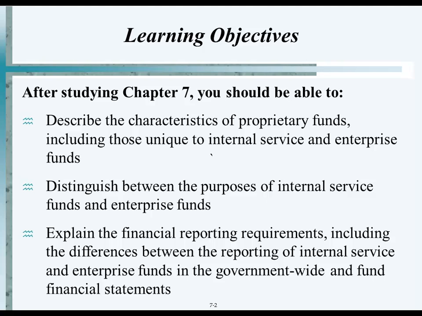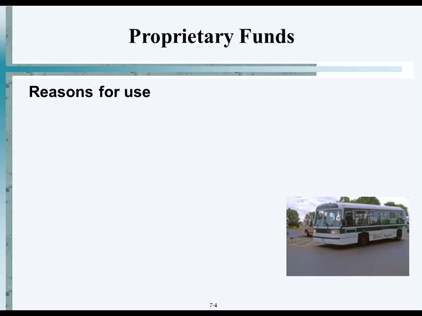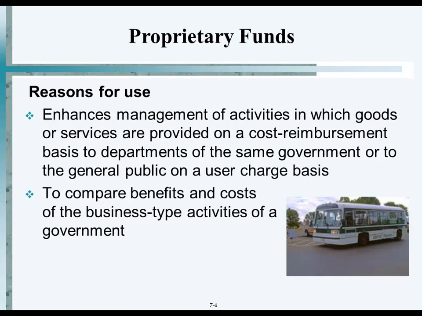We'll talk about the reporting requirements and the differences between the two, and then look at some financial statements, look at some journal entries, and see how they're incorporated into the government-wide statement itself. Okay? So let's start off with why we have these proprietary funds.